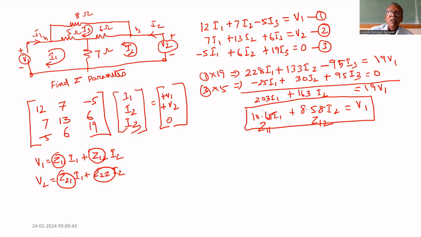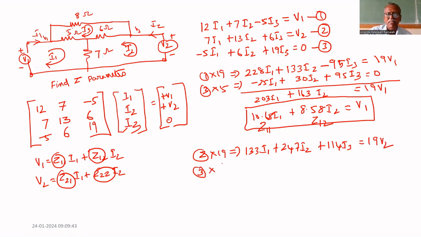Now take the second and third equations. Multiply the second equation by 19. That implies 133 I1 plus 247 I2 plus 114 I3 equal to 19 V2. And the third equation has to be multiplied by 6.